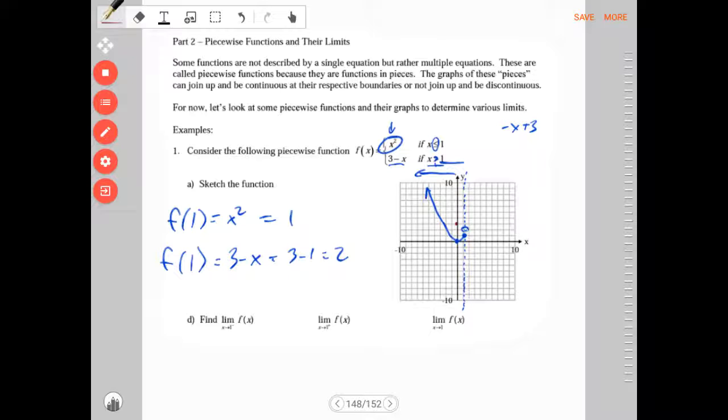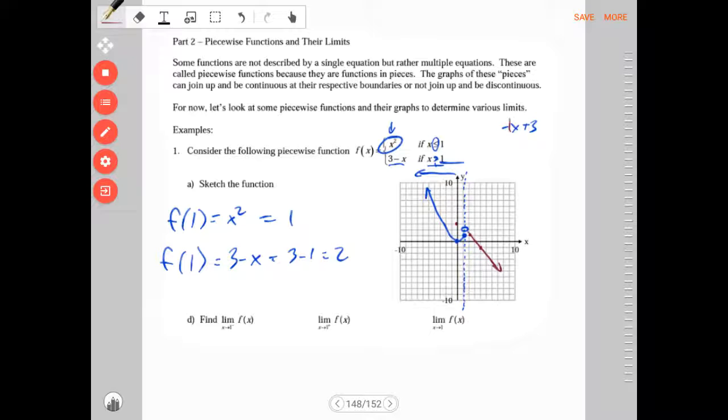We have a negative slope of 1 over 1, that's 1 down, 1 right, 1 down, 1 right, so all those dots. And we only start drawing this graph at the boundary of x equals 1. So it looks like that.